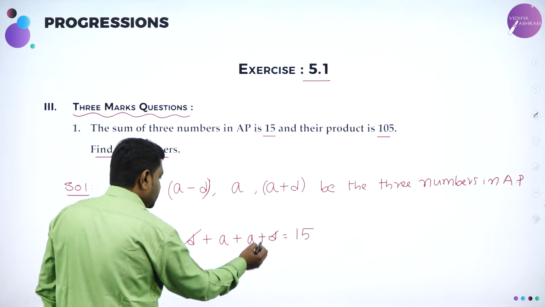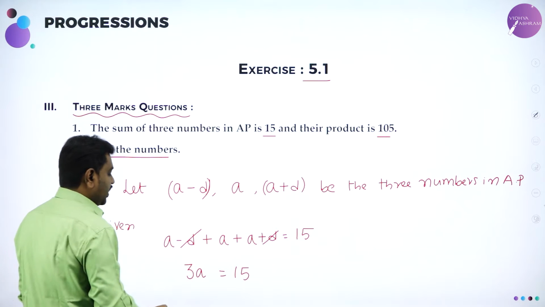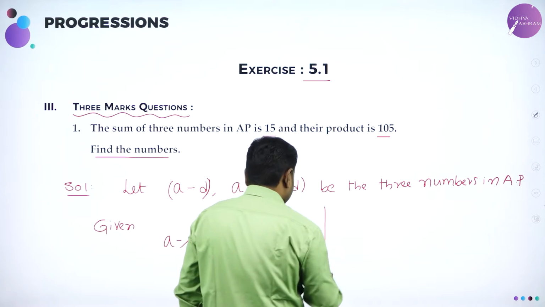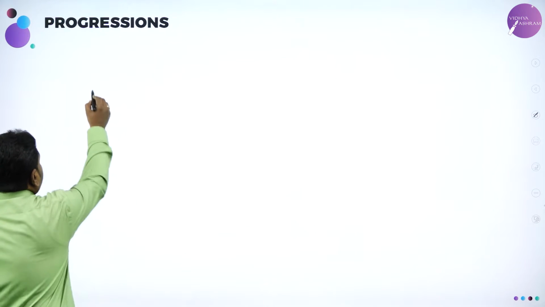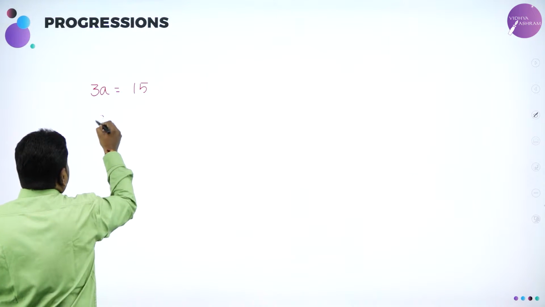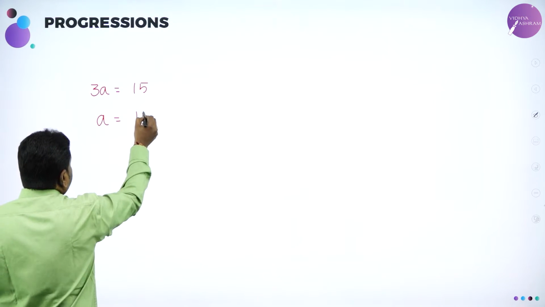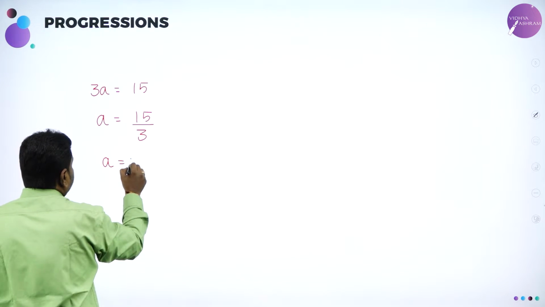So 3a is equal to what? 15. From this you can find the value of a. So 3a is equal to 15. Therefore, a becomes how much? 15 by 3. And a is what? 5. 3 fives are 15. You got a.